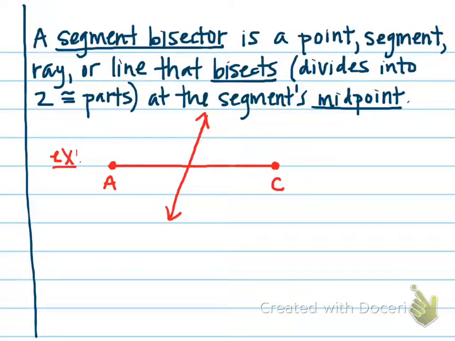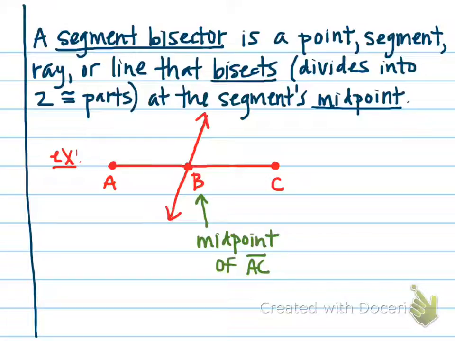That point right here that cuts AC right down the middle, that is the midpoint. Let's call it B. That is the halfway point between A and C. Midpoint of segment AC.